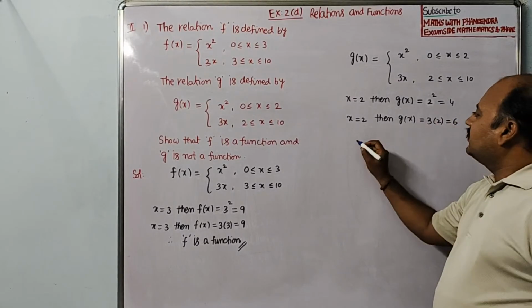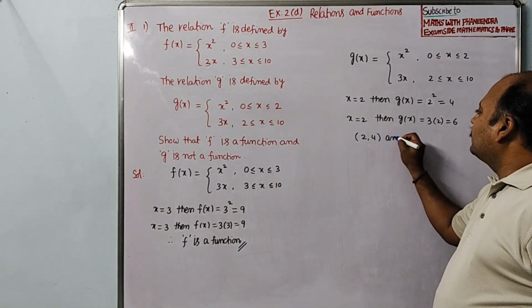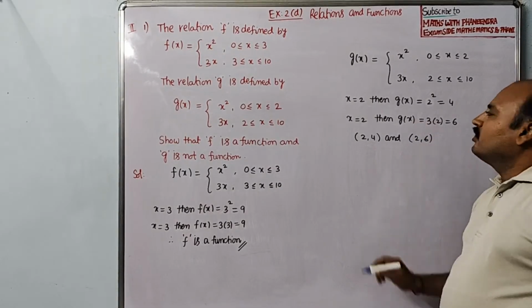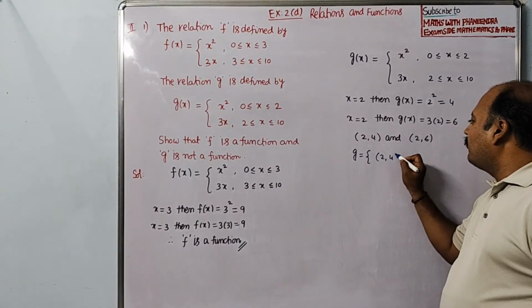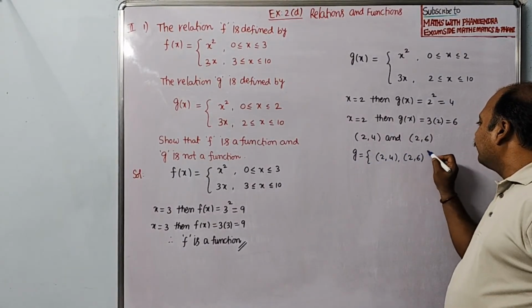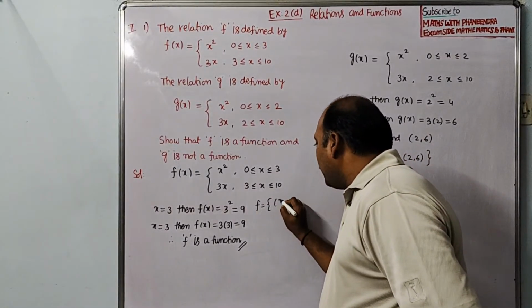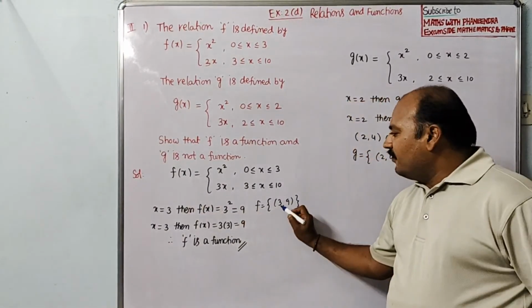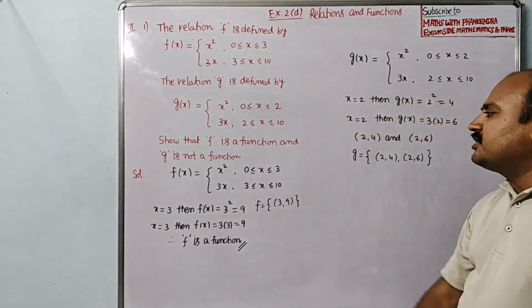From the first, you are getting the ordered pair 2 comma 4, and from the second you are getting 2 comma 6. So G relation becomes 2 comma 4, 2 comma 6, whereas F contains 3 comma 9 from both, which are the same. Different elements are associated with different elements, so it is a function.